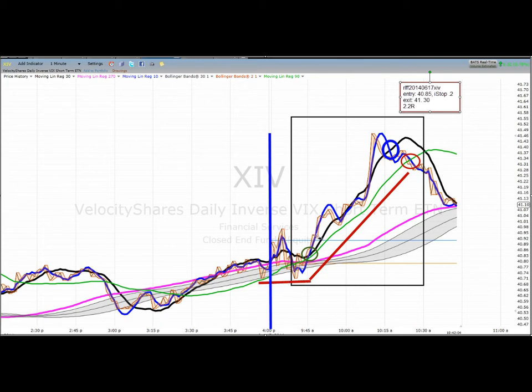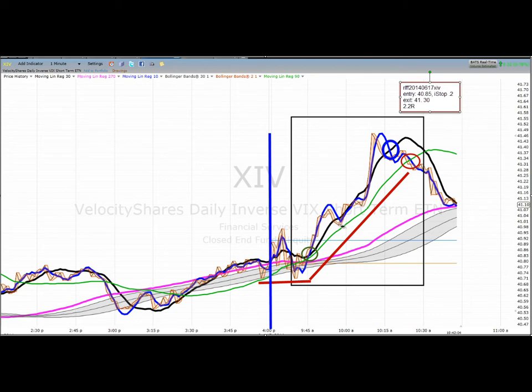It moves out smartly in our direction, makes a couple nice moves. We get a second RLCO over here. I'm using the 90-period moving regression line as my signal to exit, so it keeps me in here in these difficult areas.